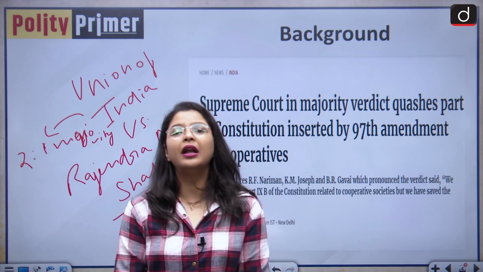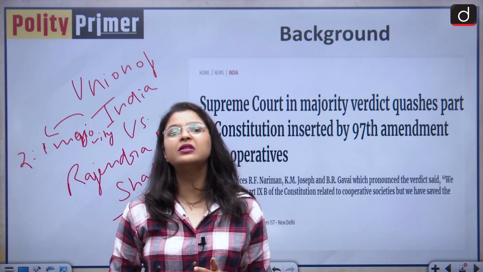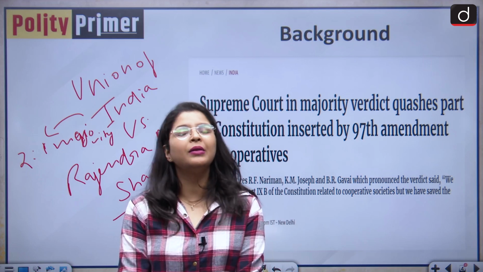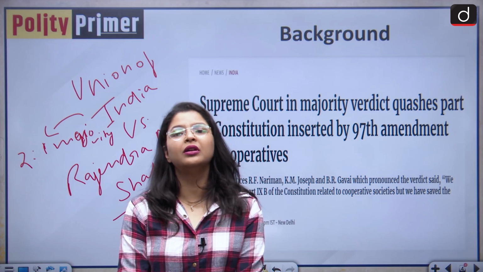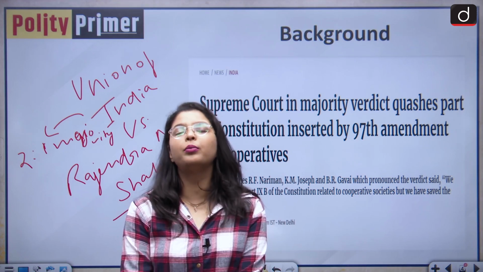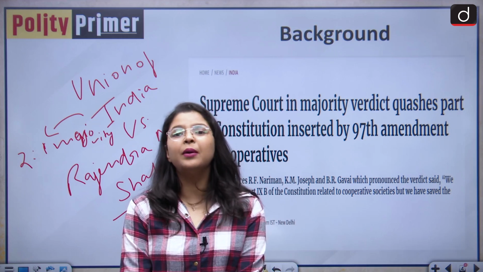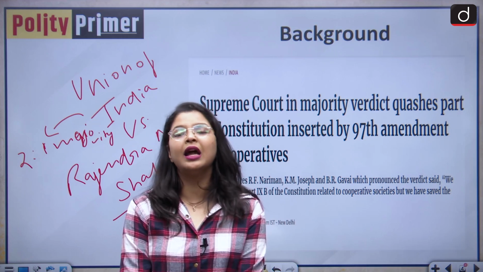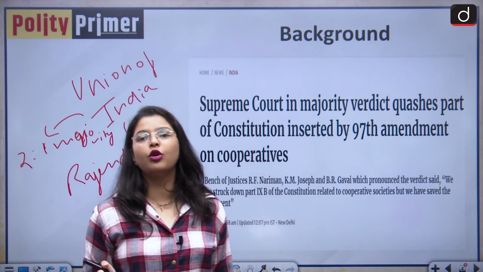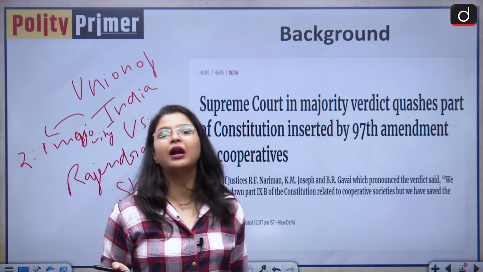So basically, the fundamental right and the directive principles that were inserted through this amendment were upheld, but Parliament does not have a power over the cooperative society. The power to form or regulate the cooperative society rests completely in the hands of the state government. So it is the exclusive power of the state governments and not of the Union Parliament.